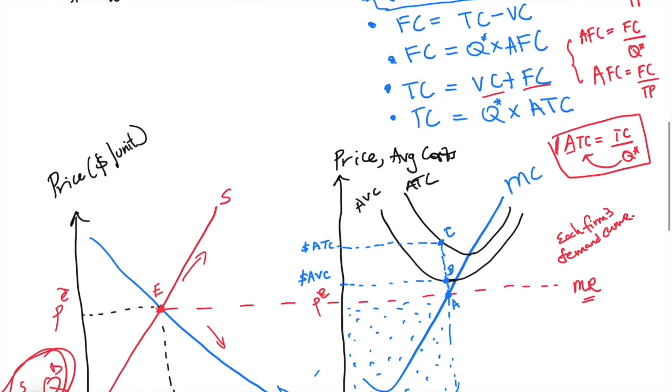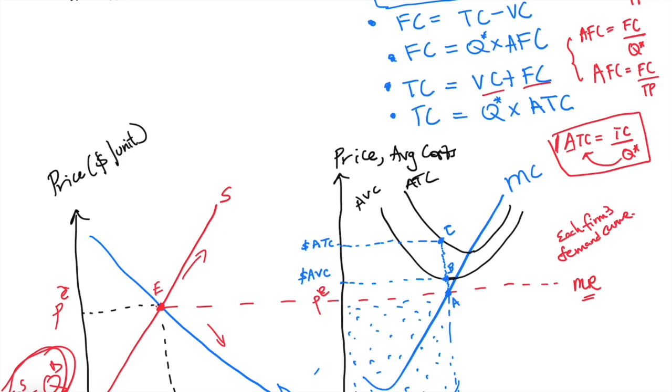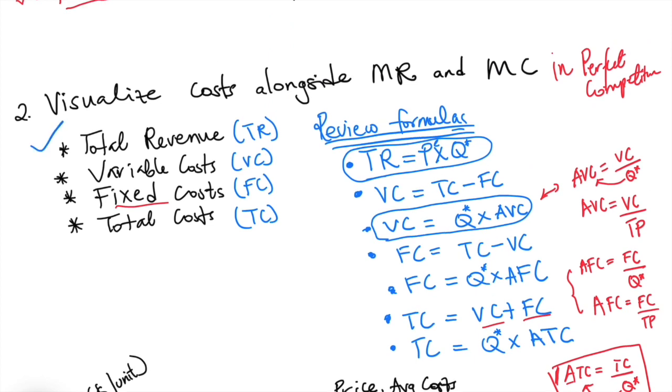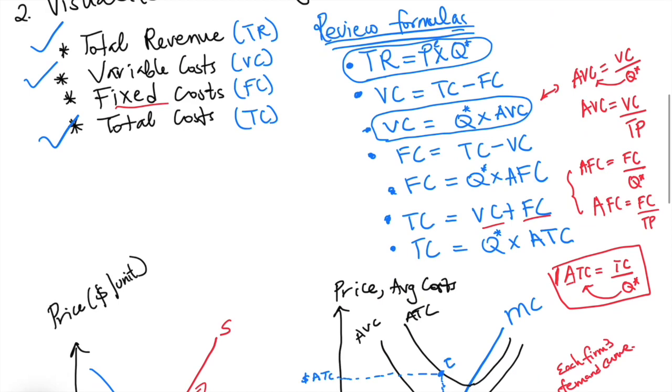If you take a look at this carefully, our total revenue doesn't cover all of our total costs. Okay, so we figured out what total revenue is. We figured out what our variable costs look like on the graph and what our total costs look like on the graph. What about fixed costs?